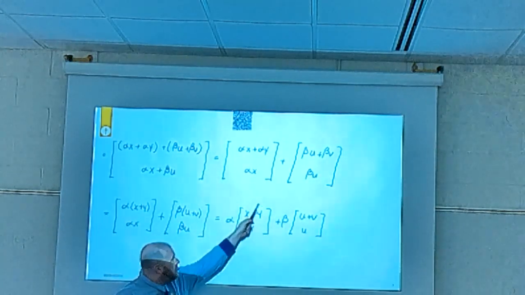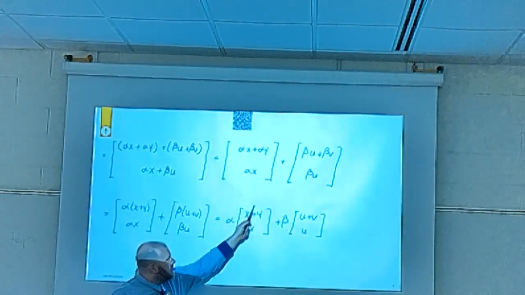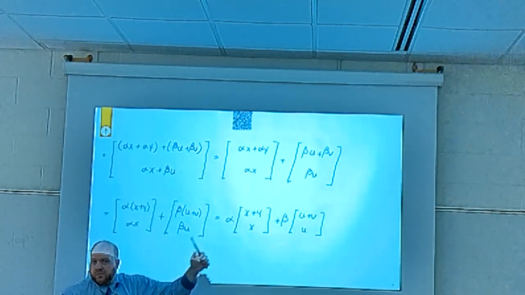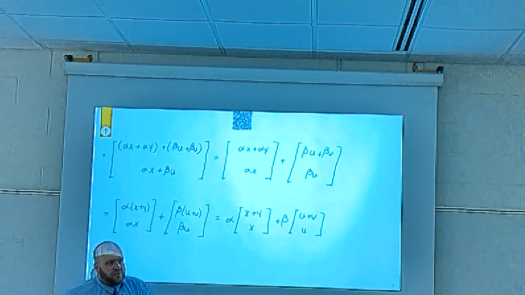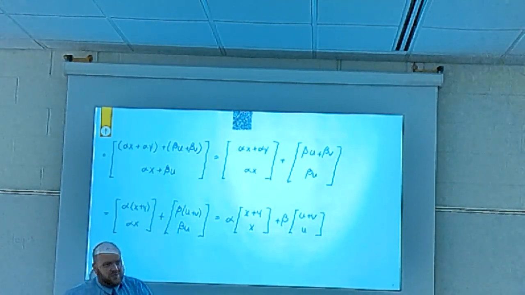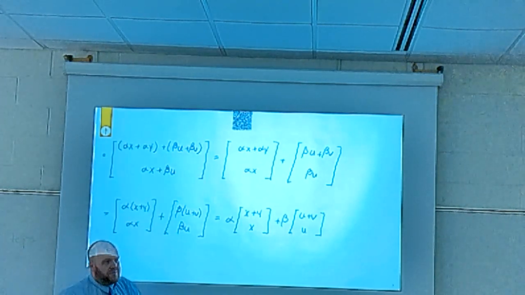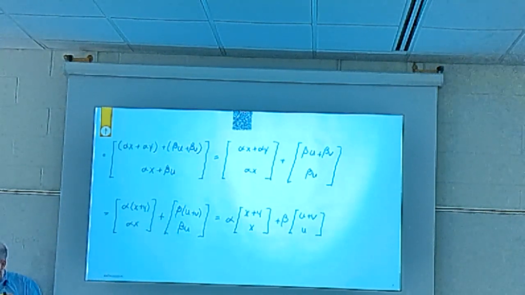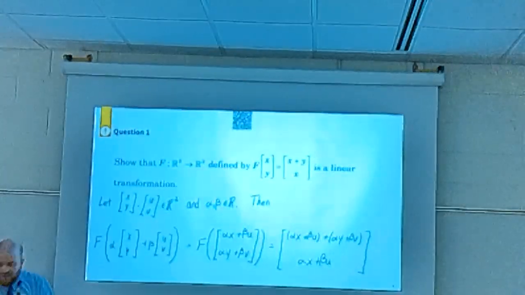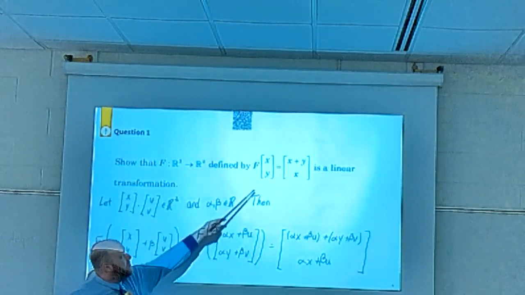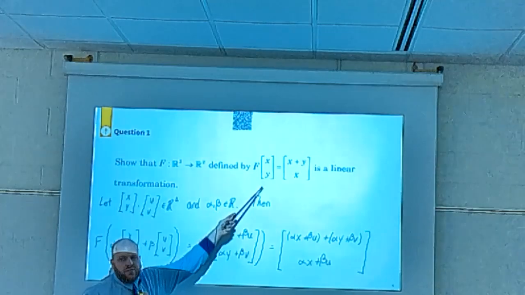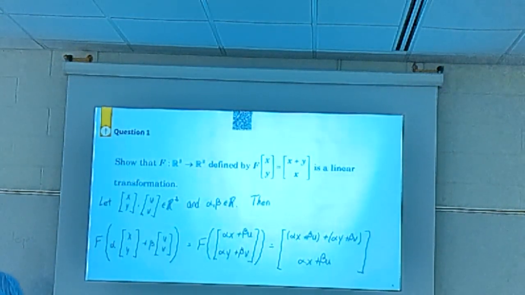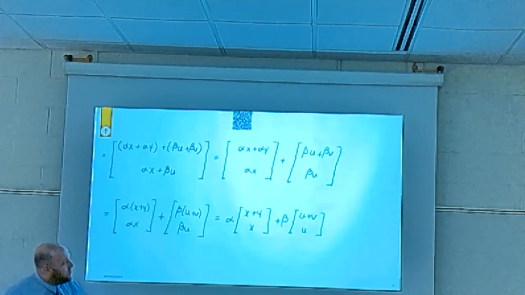What's this vector? It's the transformation of the vector x1. Then what's this stuff?